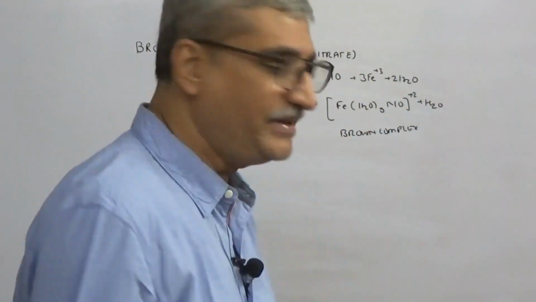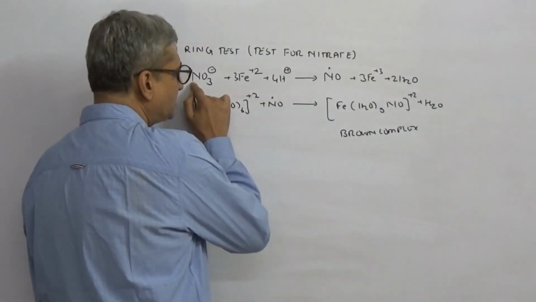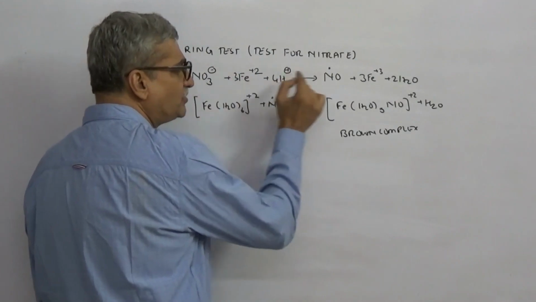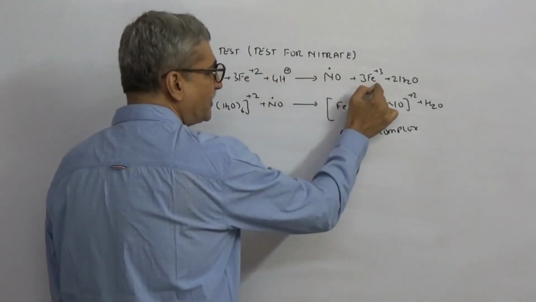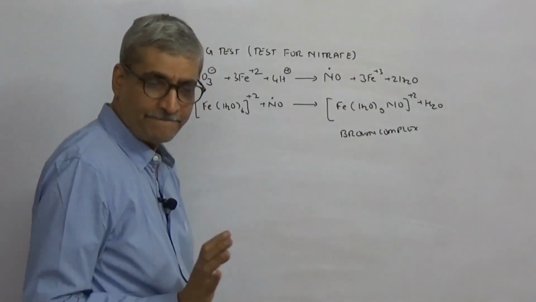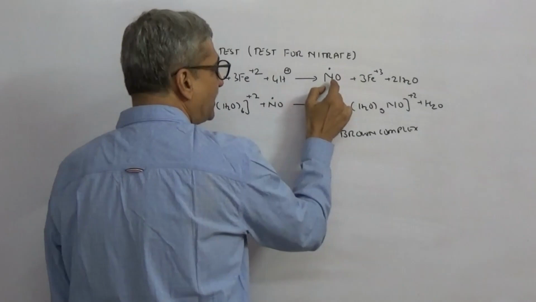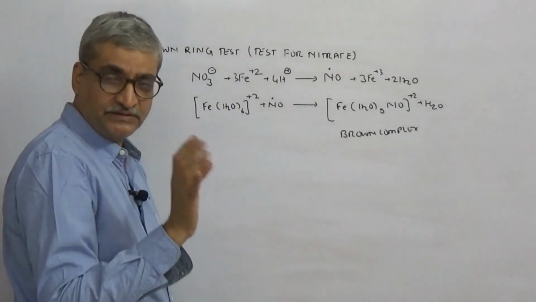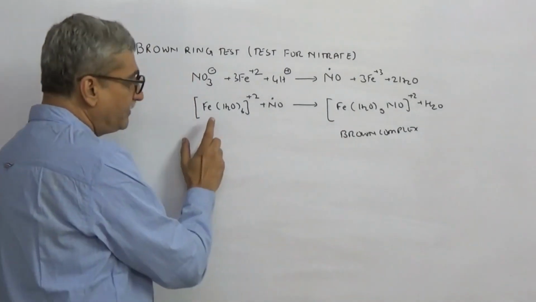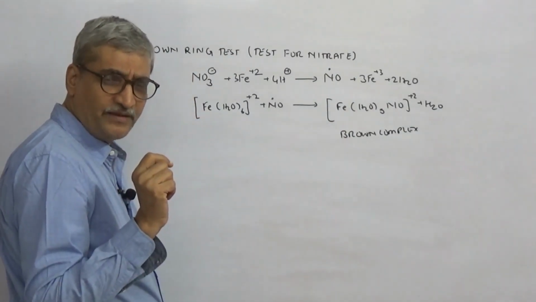So what is the funda behind it? Nitrate is reduced to nitric oxide and ferrous is oxidized to ferric. So it's a redox reaction. So this is the first part. Then we have added sulfuric acid.